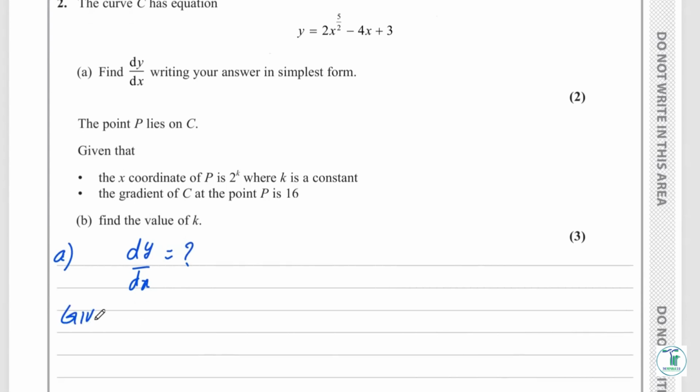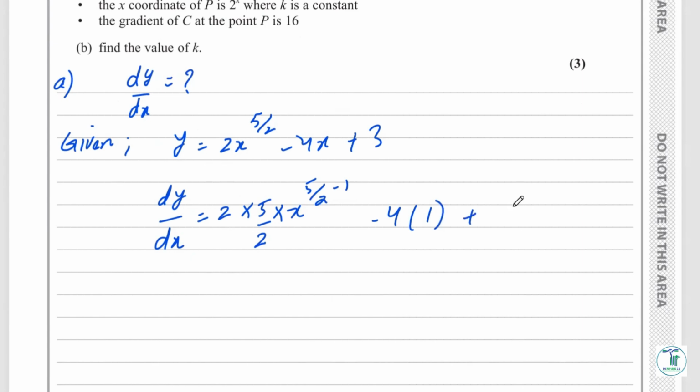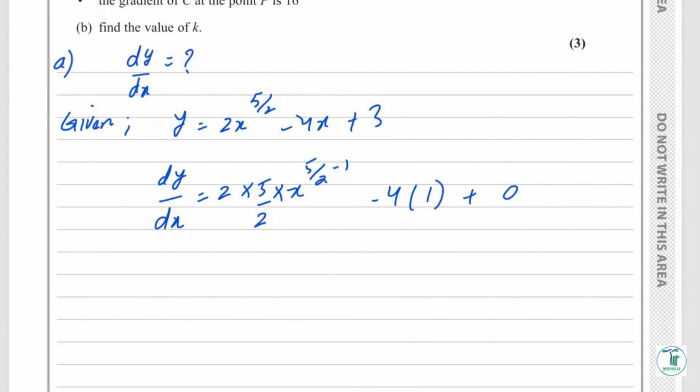It is being given that y is equal to 2x to the power of 5 by 2 minus 4x plus 3. I'm going to differentiate the expression on both the sides. So I would be having something like dy upon dx is equal to 2 times 5 by 2 times x to the power of 5 by 2 minus 1, negative 4 times 1, and the differentiation of 3 is going to be 0.